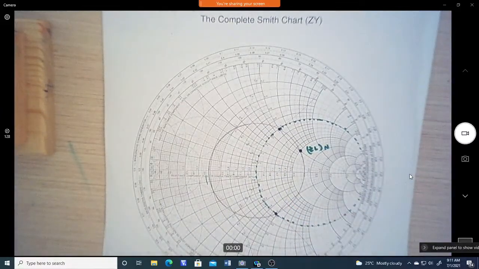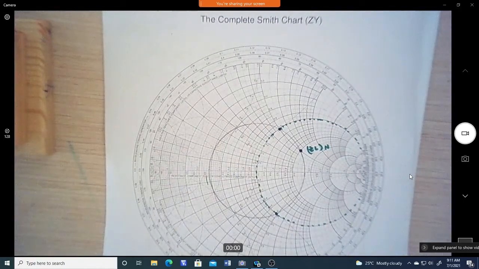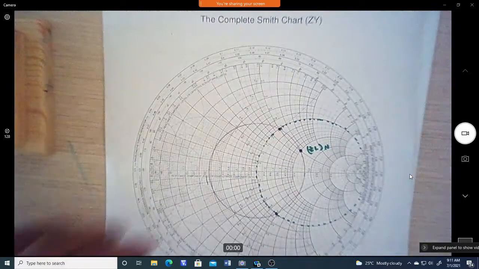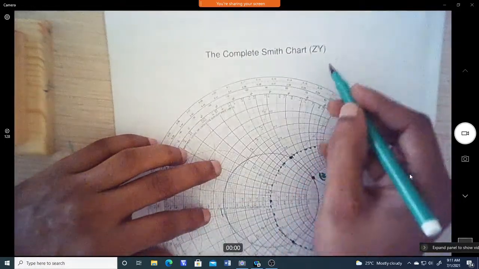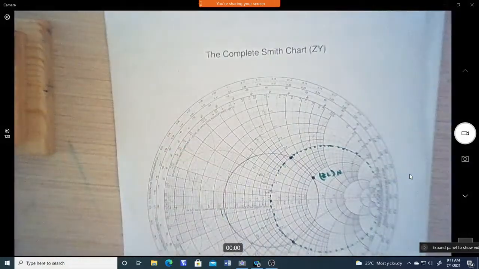Now you can see how much distance it is. So take that distance and we can measure it. From the center point to this point, you plot one line and measure how much it is. I'll take the scale.